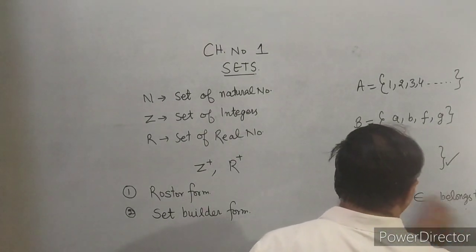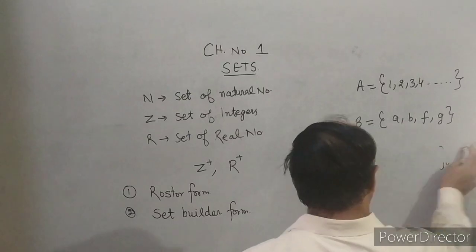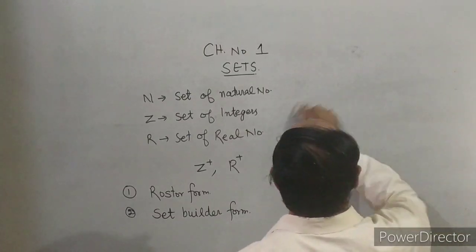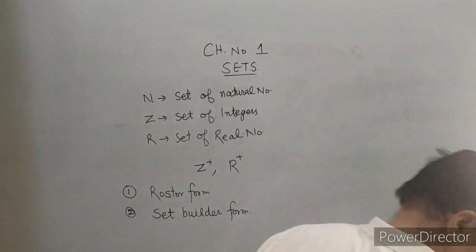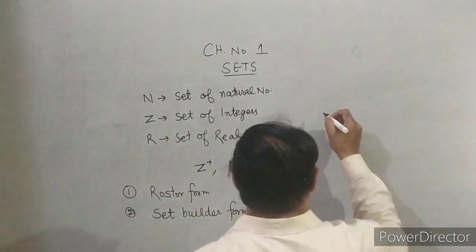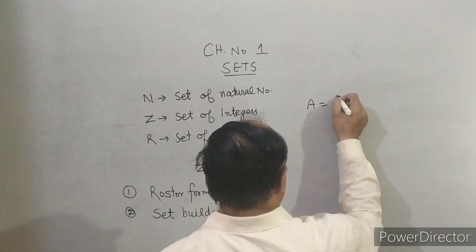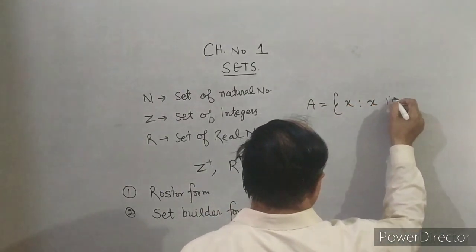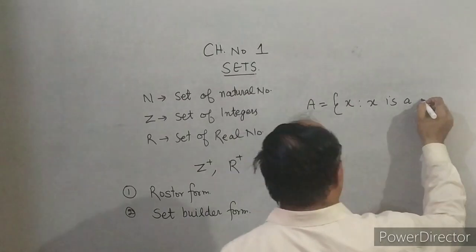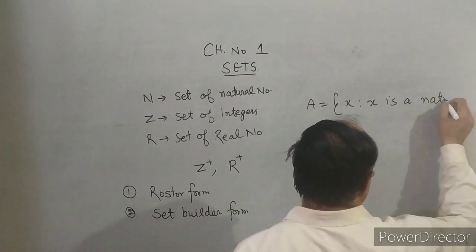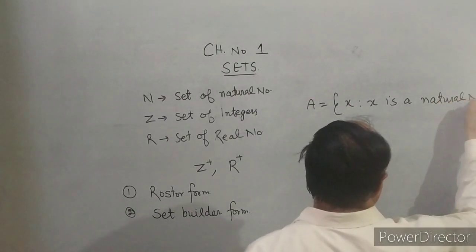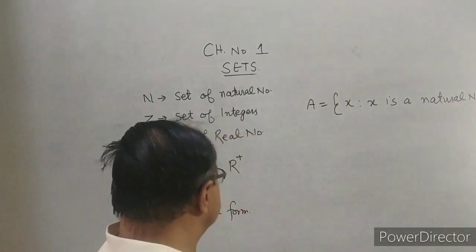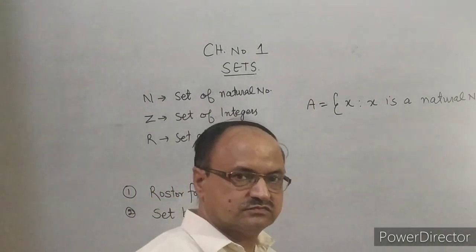And in set builder form, we represent the set in the form of words. For example, set A is equal to the set of all x such that x is a natural number. This is an example of set builder form.